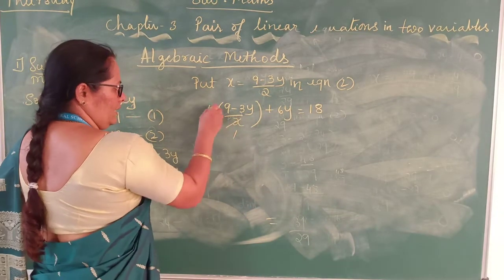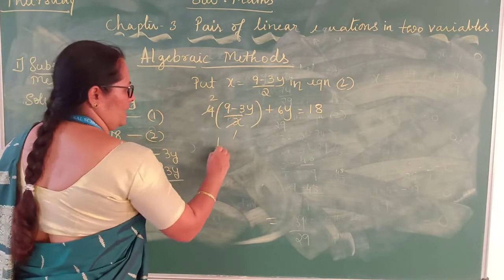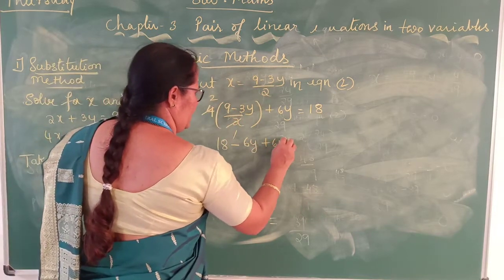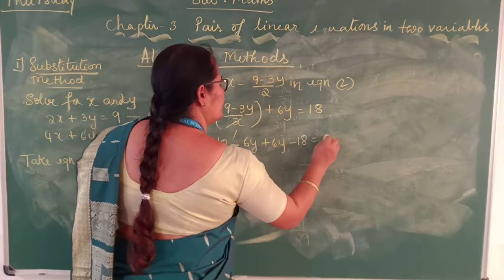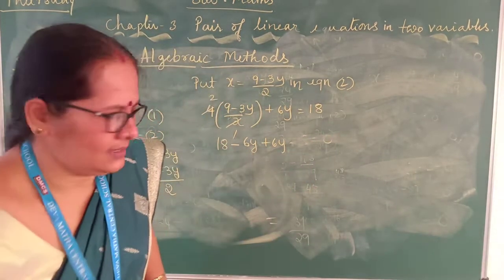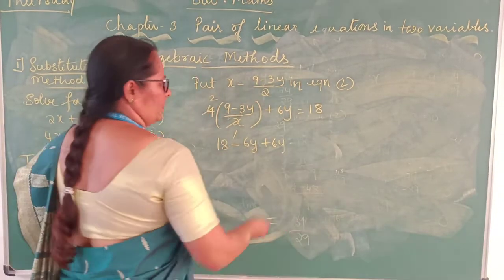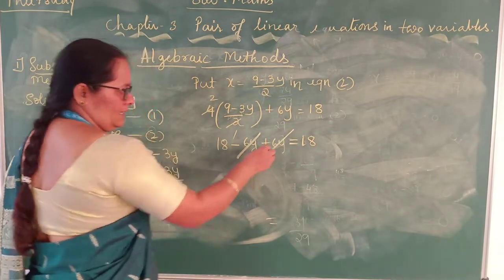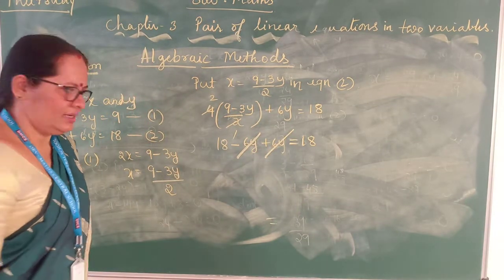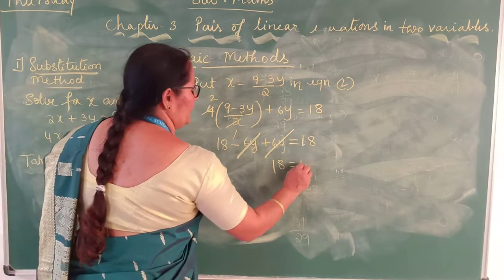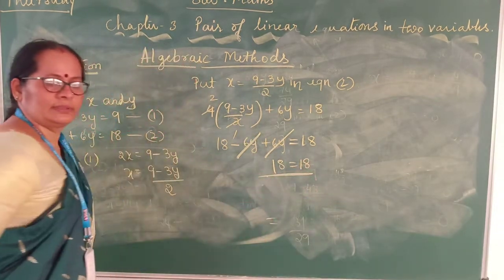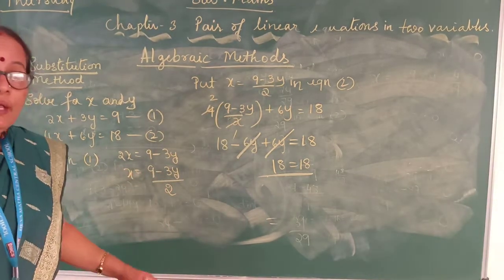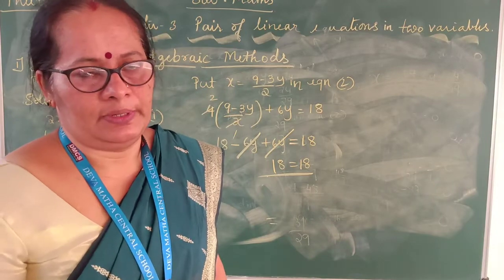Now 2 into 9 is 18, minus 2 times 3 is 6y, plus 6y. Keep 18 on the right hand side itself. Now minus 6y plus 6y cancel. So 18 equals 18. It means that the pair of equations has infinitely many solutions.